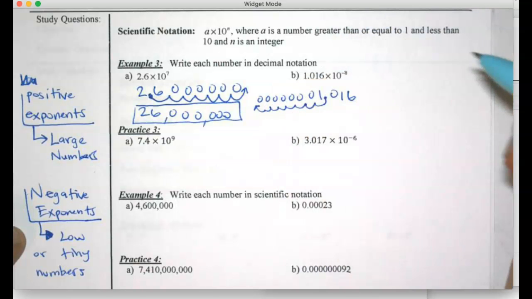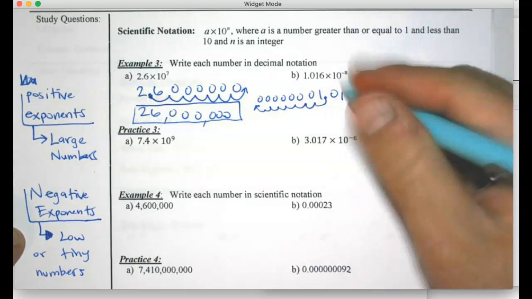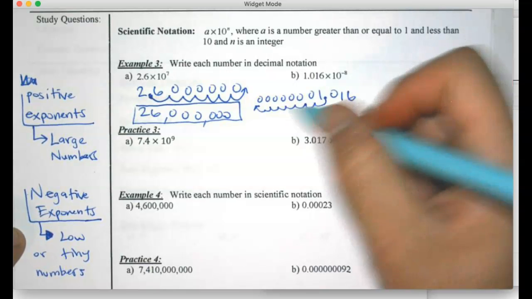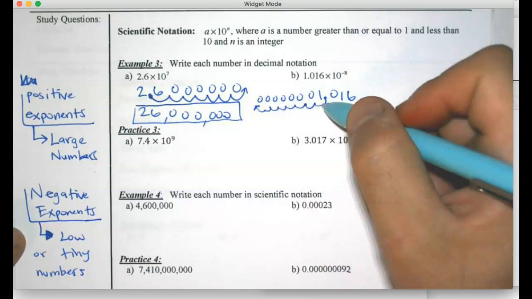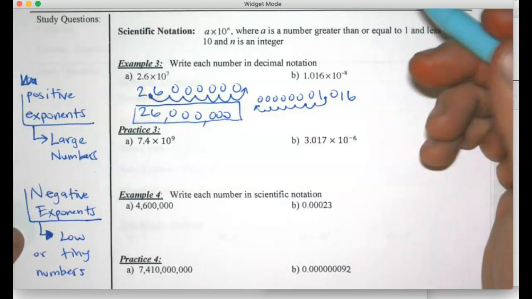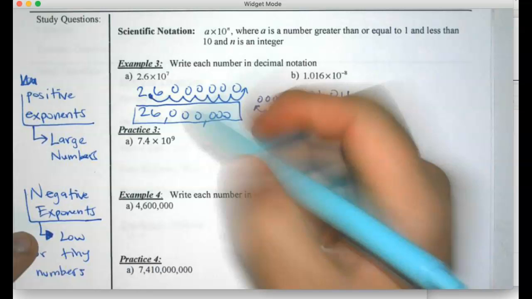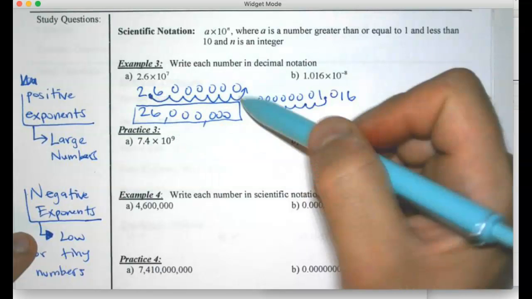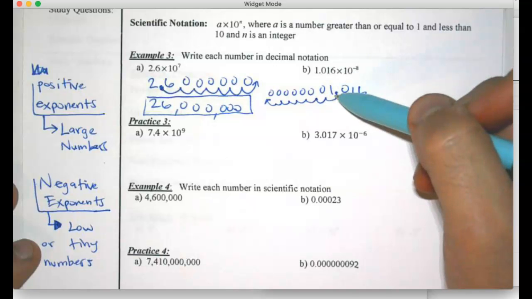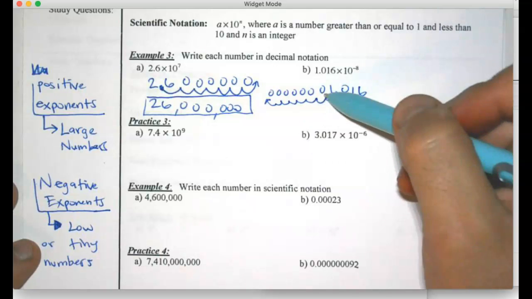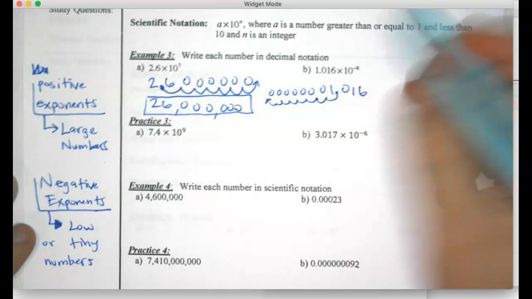7 zeros. A lot of times, however many times I move my decimal, I'm going to have to fill in all those zeros, but normally it's one less than the amount of spaces I moved it. I moved this decimal 7 spaces, but I only needed to put 6 zeros. I moved this decimal 8 spaces, but I only put 7 zeros, because one of those spaces is to move past the original number.